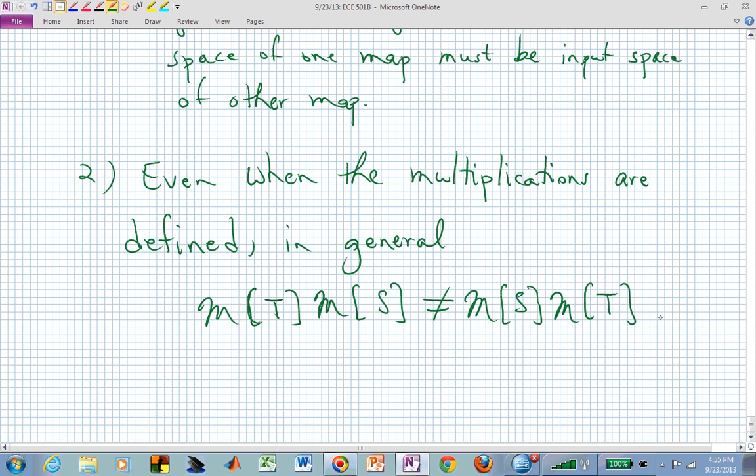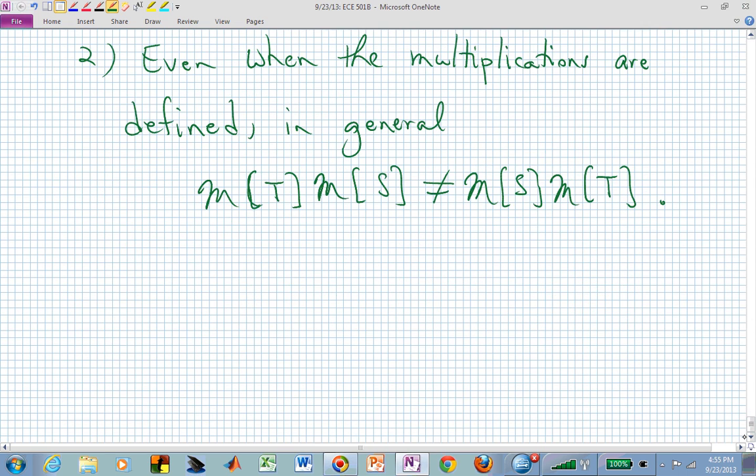Now, we've been talking about matrices, but we could specialize that to a matrix that's just one wide, or just a column vector.